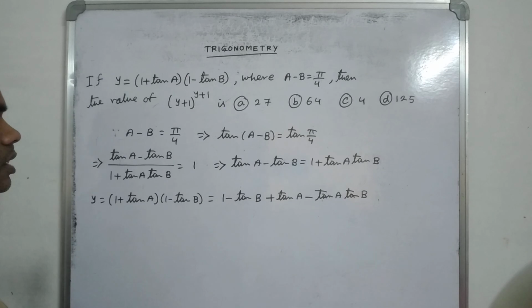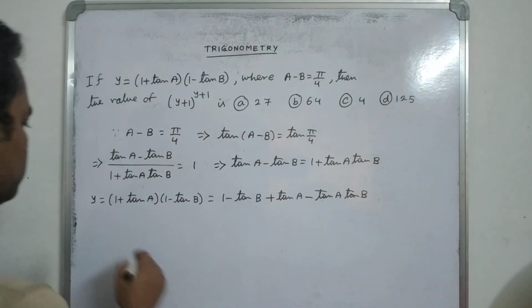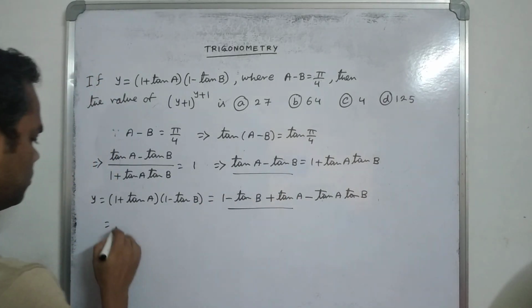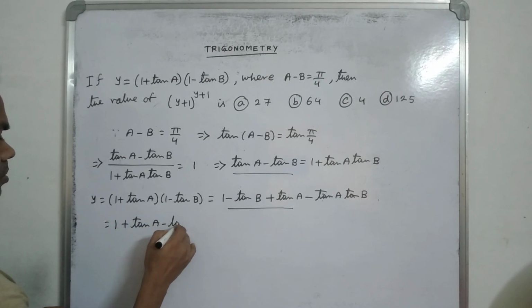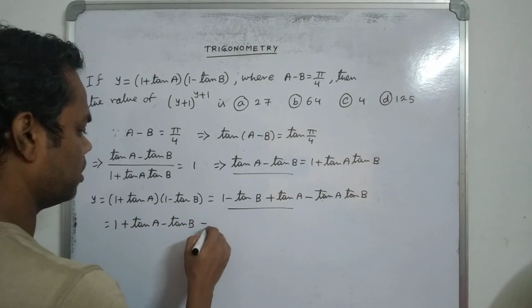Now you see that tan a minus tan b is equal to 1 plus tan a tan b. By putting this value here, this line can be written as 1 plus tan a minus tan b, like this line, minus tan a tan b.